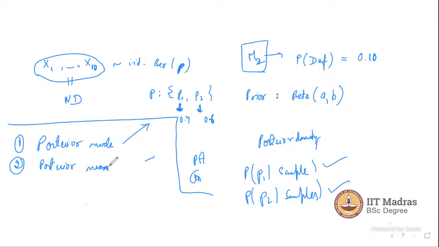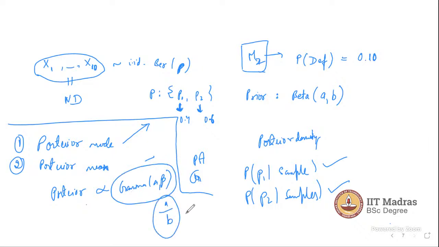In case of posterior mean, we find the posterior distribution. Let's say the posterior follows the gamma distribution with parameters A and B. Then to find the posterior mean, we just find the mean of this gamma distribution, which is A upon B. This is one estimate of your p.